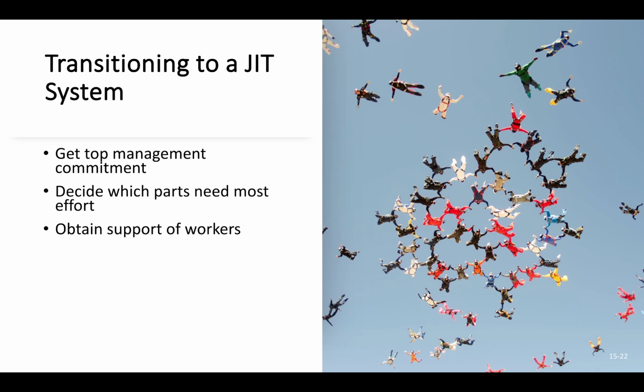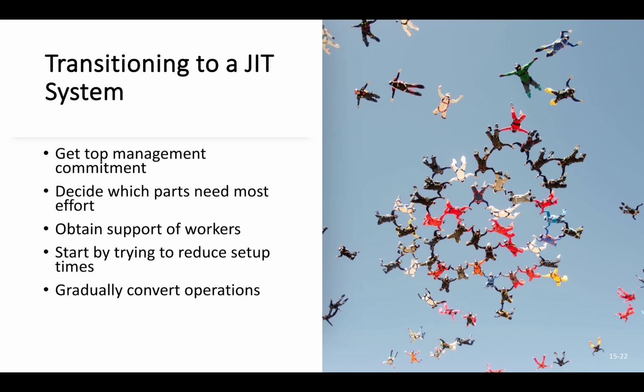Cooperation and problem solving should be there, and we need to make sure that workers are fully informed about what JIT is and why it is desirable. We need to start by trying to reduce the setup times while maintaining the current system. Then we need to gradually convert the operations, beginning at the end of the process and working backward. At each stage we do the conversion.